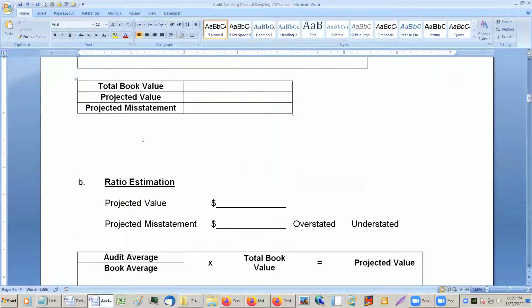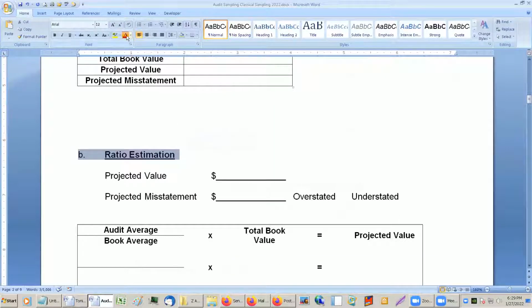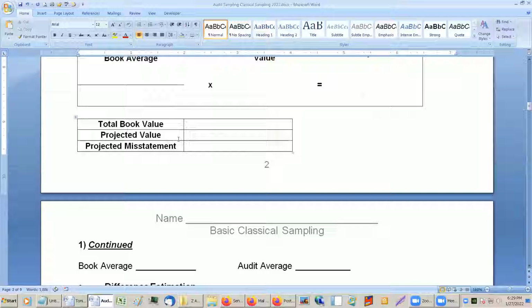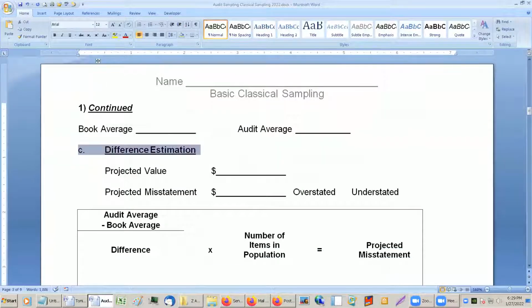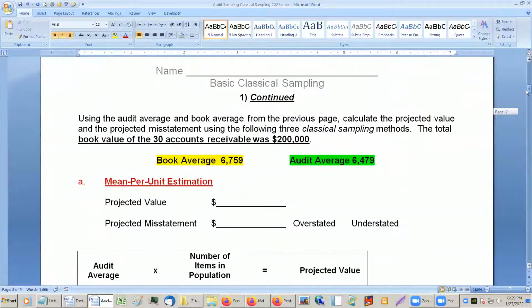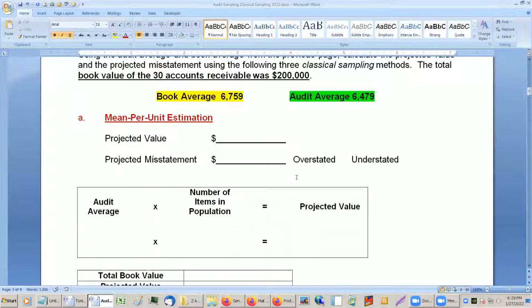Mean per unit, ratio, and on the following page, difference estimation. Okay, mean per unit is this.